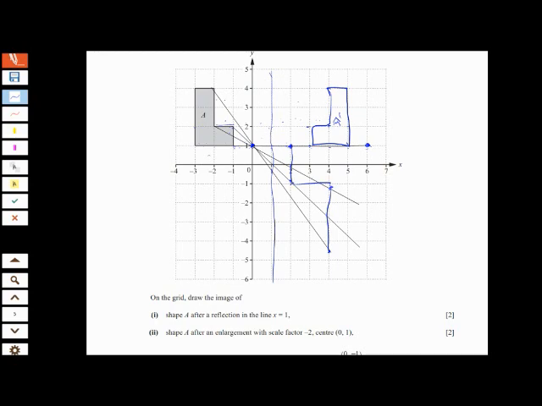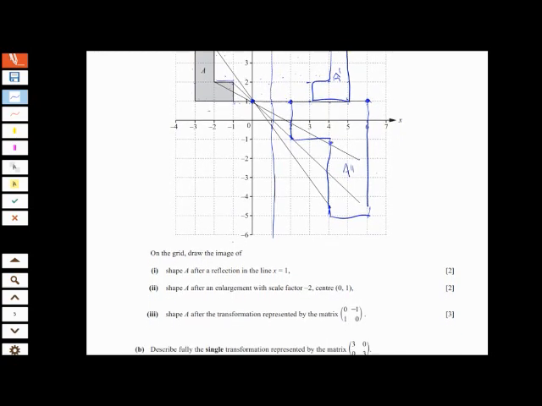The points should lie on the line that you drew. And then last one is 1, 2, 3, times 2 is 6, so it should be 1, 2, 3, 4, 5, 6. The last one is 2 times 2, which is like that. And now this is the image.